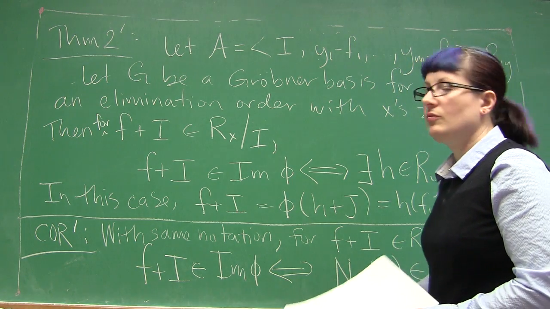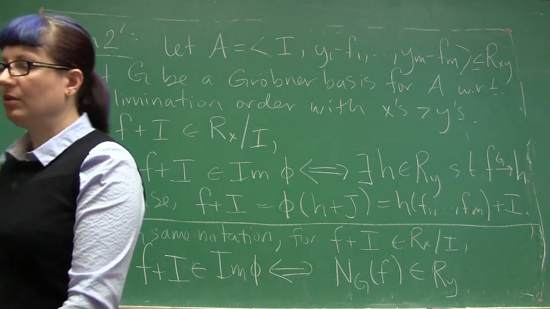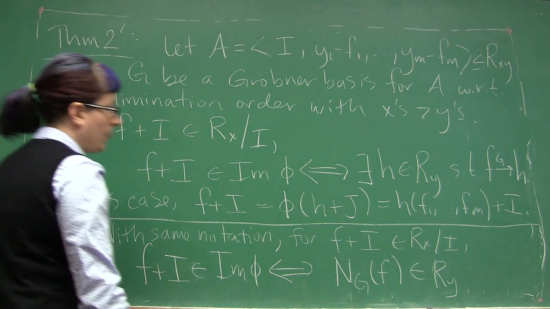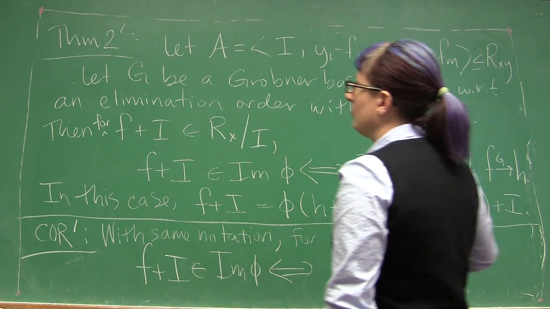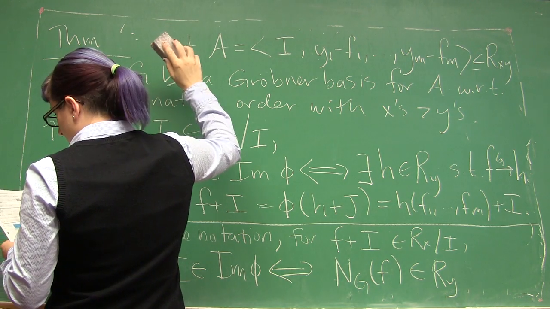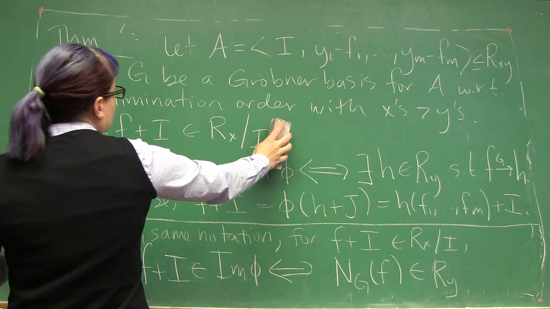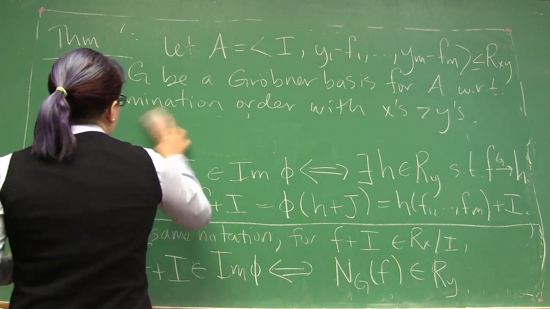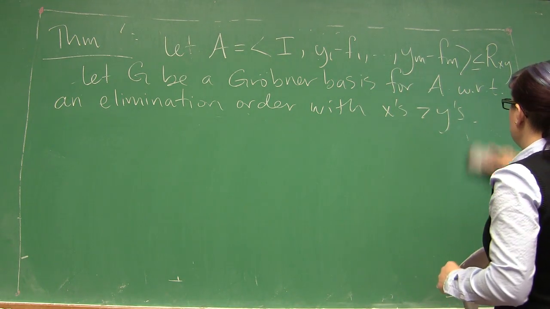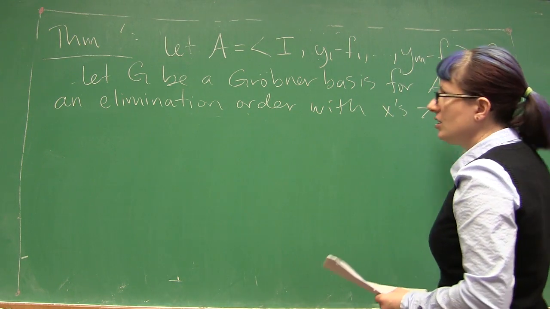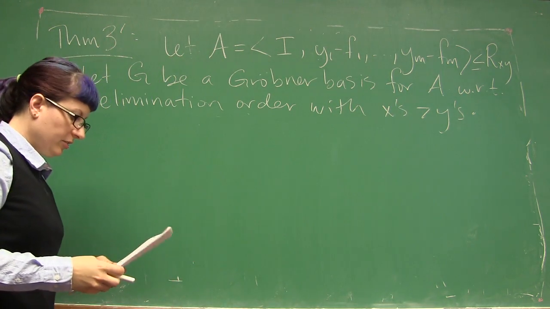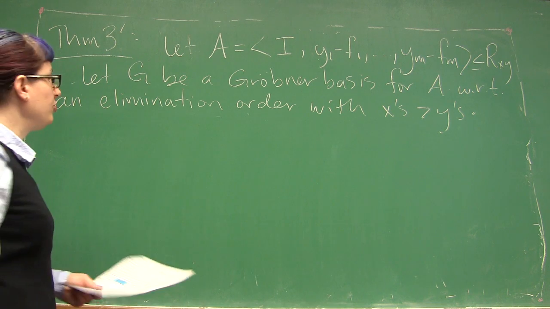Okay, so we have one more theorem to state, and that's the corresponding theorem to theorem 3. So this will be theorem 3 prime. We have the same setup with the ideal A and the Grobner basis G. So this theorem determines when phi is an onto map.